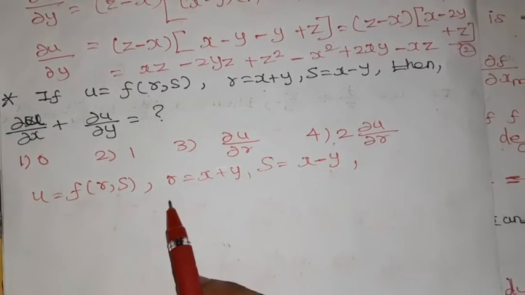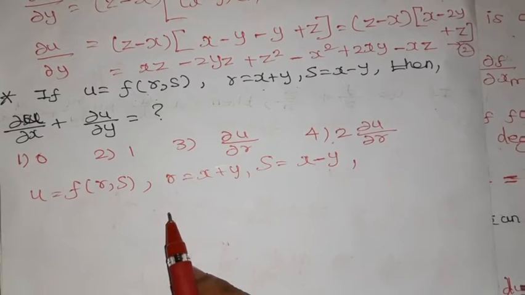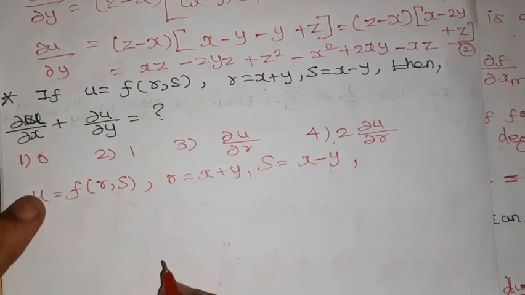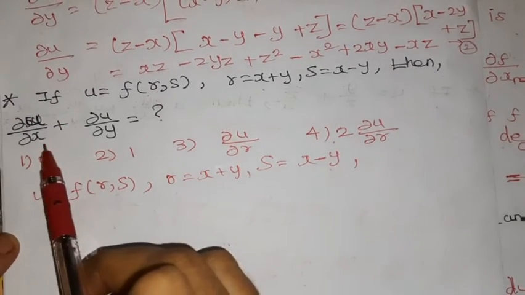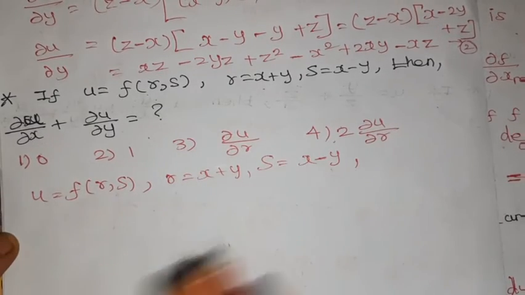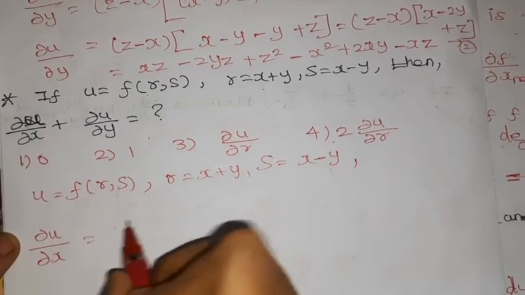We need to find out dou u by dou x, right? Dou u by dou x and dou u by dou y, and then we need to add them together. First we need to find out dou u by dou x.